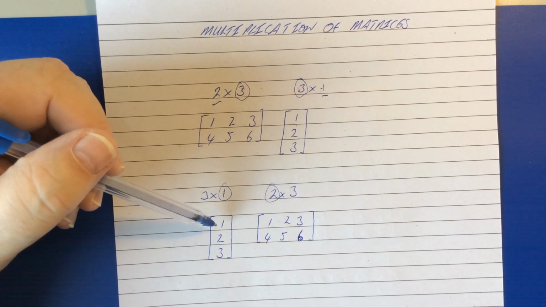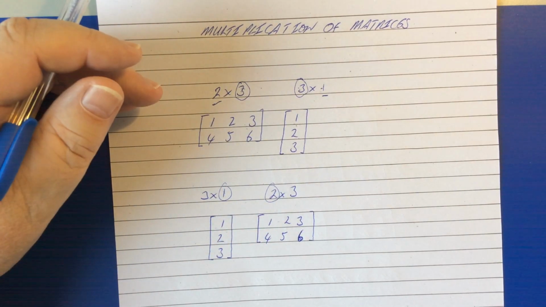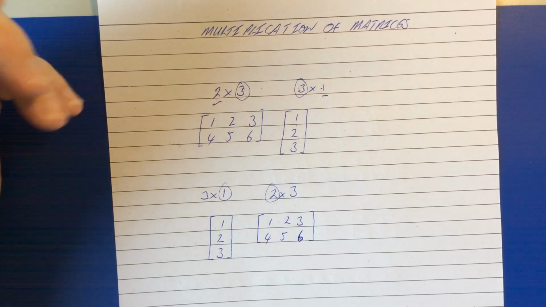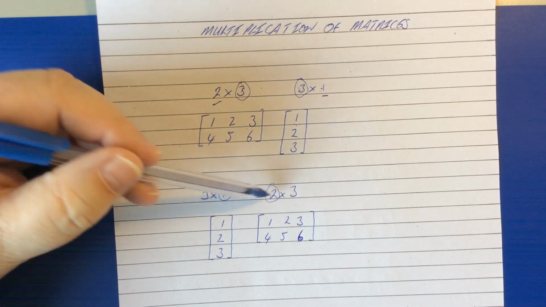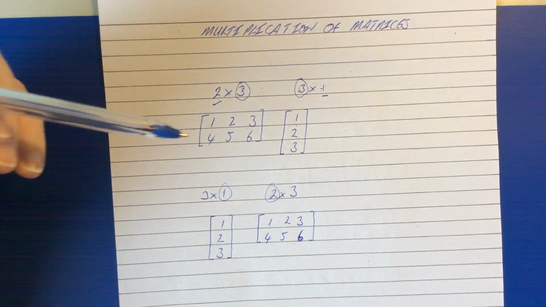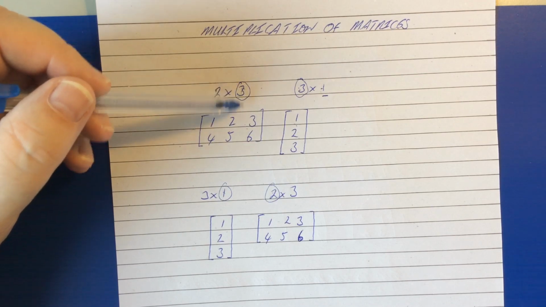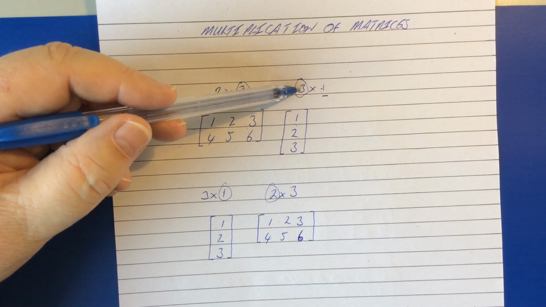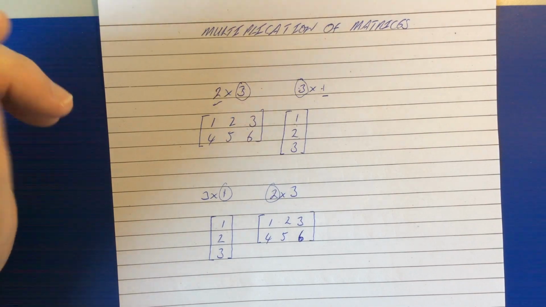If you put these matrices into your calculator and ask it to multiply them, it will refuse to do so, because this number and this number do not match up. So the rule is that the number of columns in the first matrix must match the number of rows in the second matrix in order for them to be able to be multiplied.